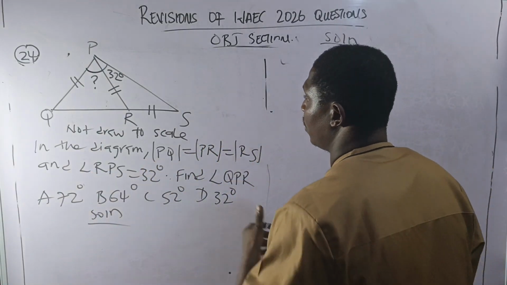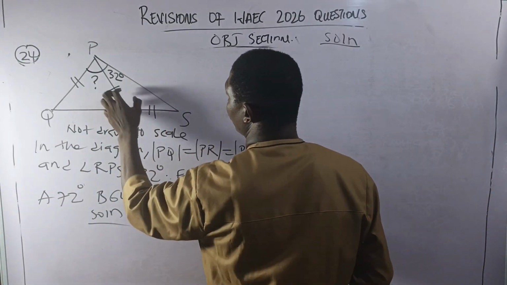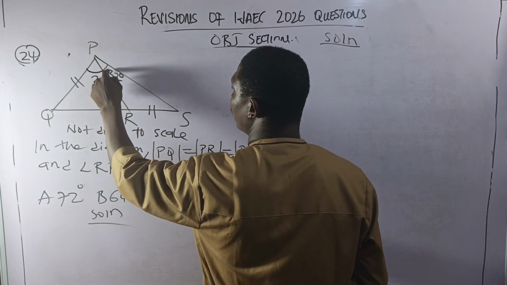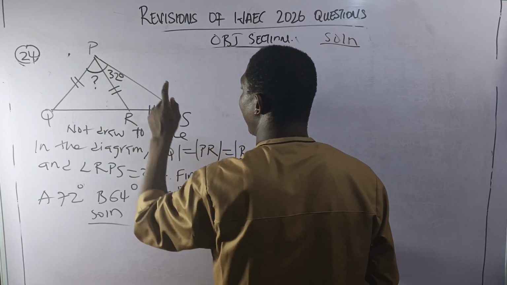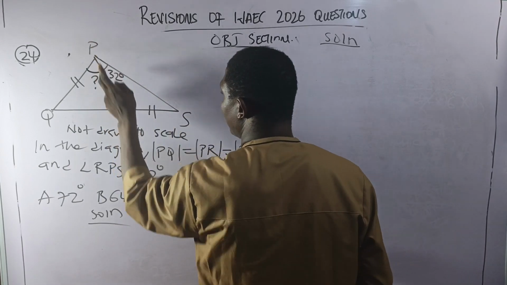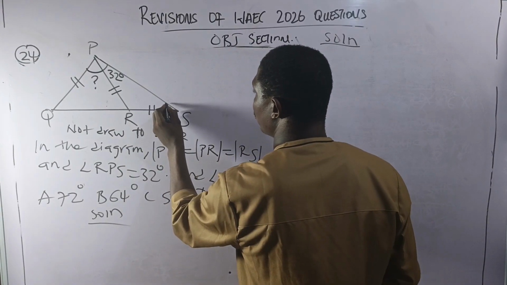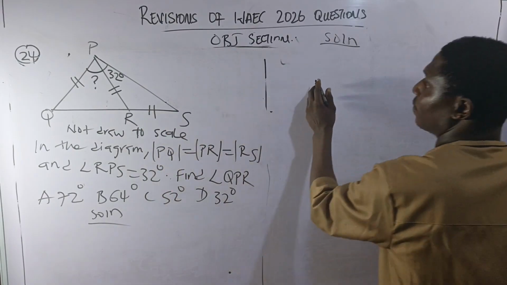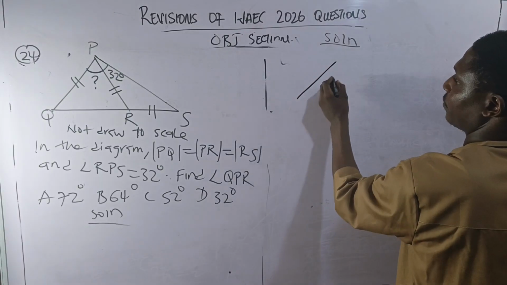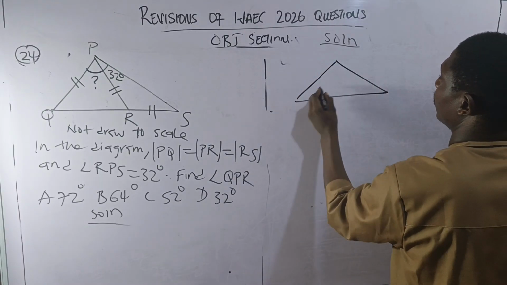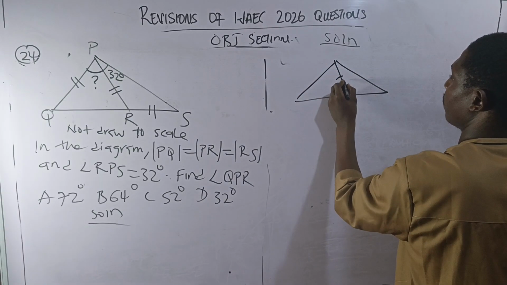But if you watch, these two strokes here show that the base angles in triangle PRS must be equal. Let me use a new diagram so I can put in the information.